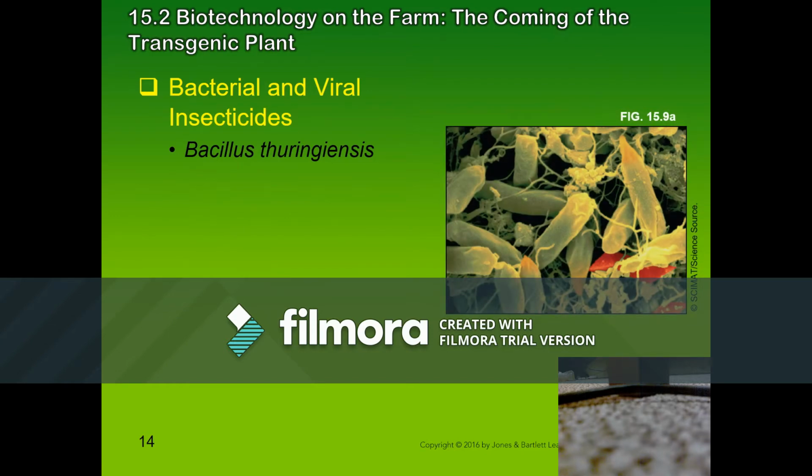The bacteria most commonly used to introduce those foreign plasmids into the plant is Bacillus thuringiensis. Again, it is a bacteria that can mate with the plants, so it will enter through the roots of the plant and be able to transfer that plasmid into the plants.